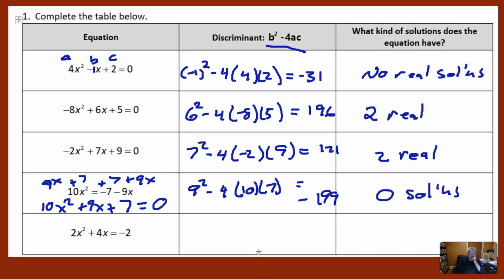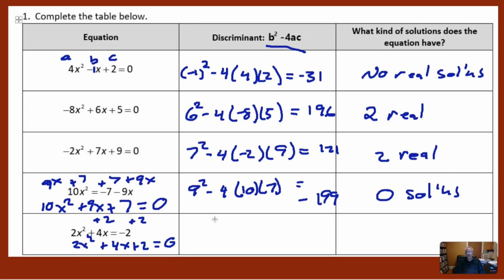Okay. Well, this last one, I need to get rid of this negative 2. So I'm going to add 2 on both sides of the equation. On the left, I'm going to get 2x squared plus 4x plus 2. On the right, I'm going to get 0. Okay, it's in standard form. We're not interested in solving it.